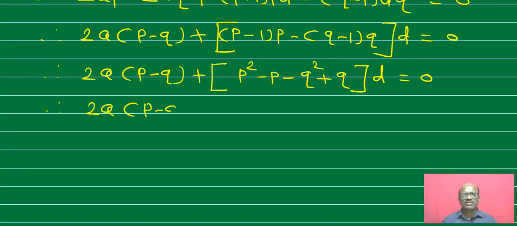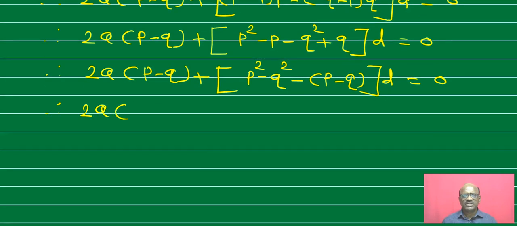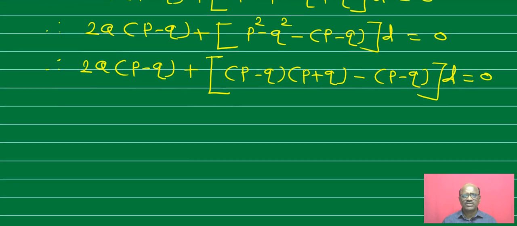That is 2a in bracket p minus q plus in square bracket p square minus q square, minus sign common, then in bracket you will get p minus q bracket complete into d, but only the p square minus q square. That is in first bracket p minus q, second bracket p plus q minus p minus q bracket complete into d is equal to 0.